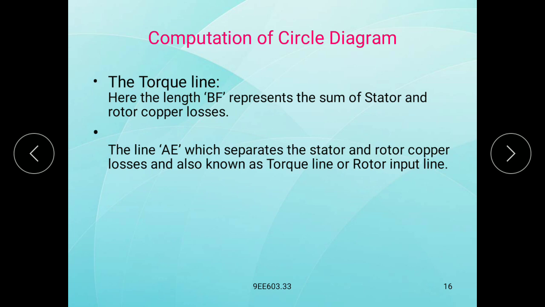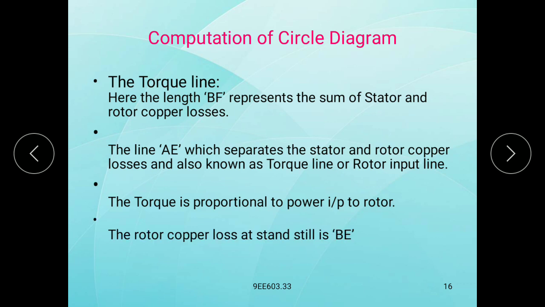Here the line AE separates the stator and rotor copper losses, and is also known as the torque line or rotor input line. The torque is proportional to the power input to the rotor. The rotor copper loss at standstill is BE. Hence starting torque is equal to BE.